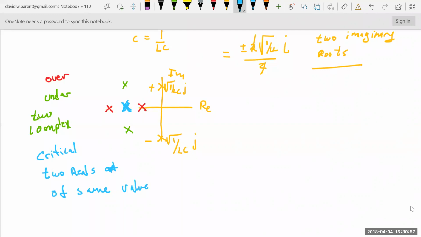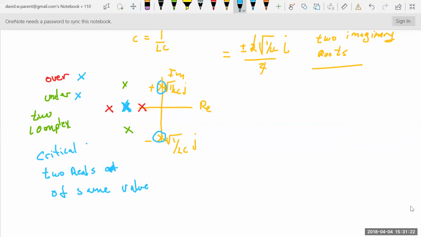But we don't really have that. What we really have are 2 purely imaginary. So in fact, it's not over because it's got an imaginary part. It's not under, which has a real and an imaginary. It's only got 2 imaginary.